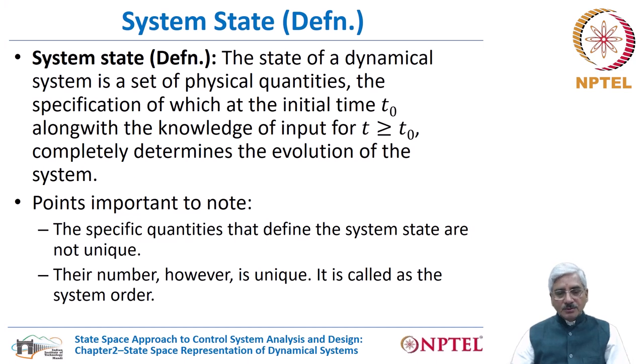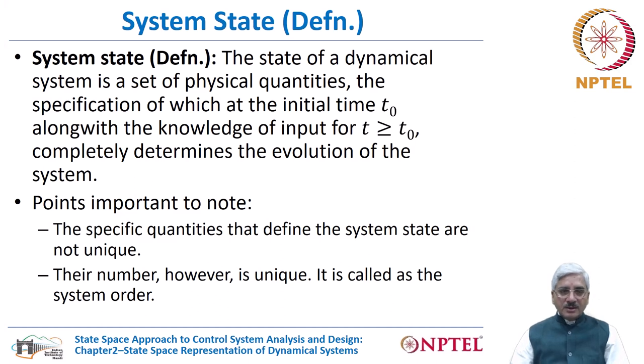Another thing to analyze in this definition is the initial time. What should one understand by the initial time t0? Is it the time when the system was started, or is it the time when we started studying the system, or is it something else?